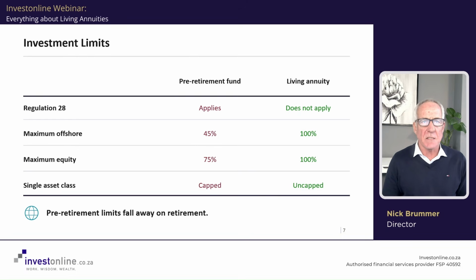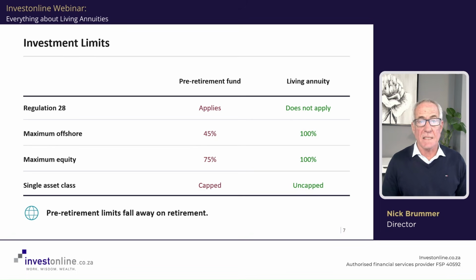So pre-retirement, let's just think simplistically just as your RA. You're governed by Regulation 28, whereas with a living annuity you're not. Offshore maximum pre-retirement is 45% offshore. Living annuity, you can put 100% offshore. Then also the same restriction again with pre-retirement of 75%, and some single asset classes are capped, as opposed to the living annuity, which you can see is very flexible. So it's to have some restrictions in place as you're saving up for retirement, and then a lot more flexibility once you retire and into a living annuity.